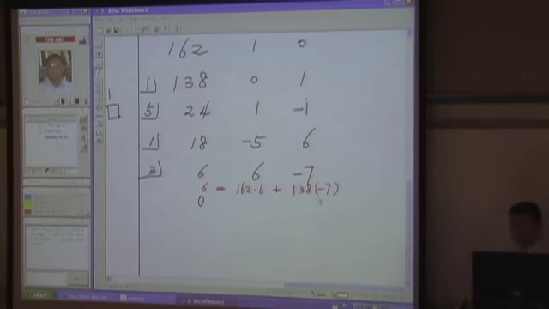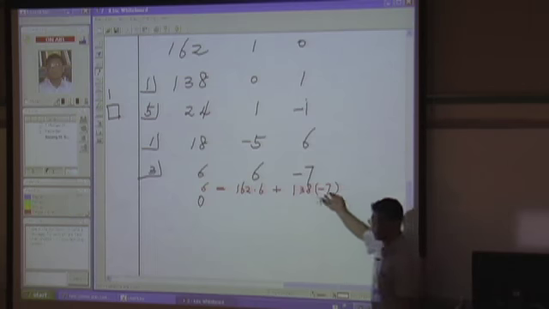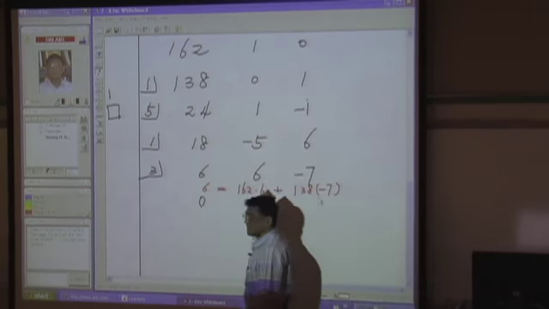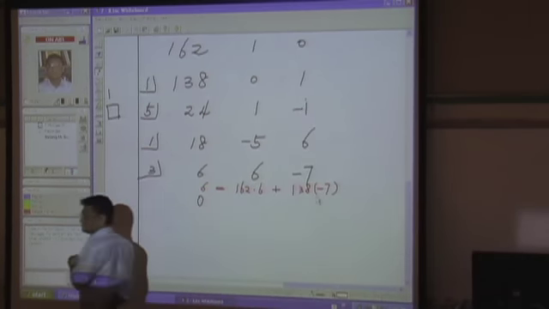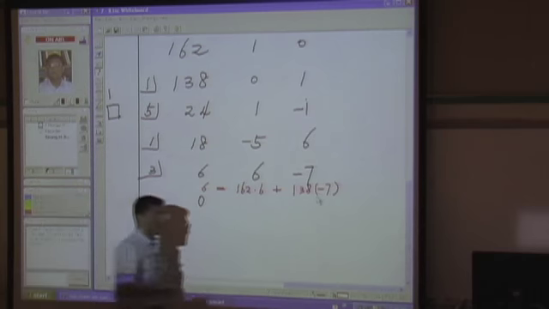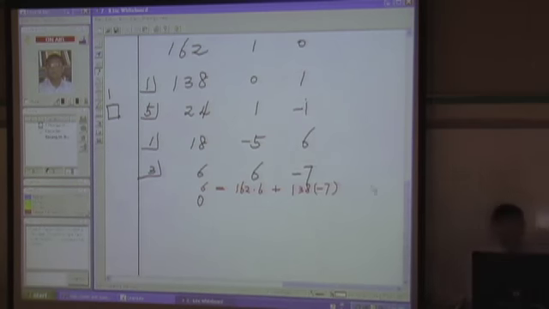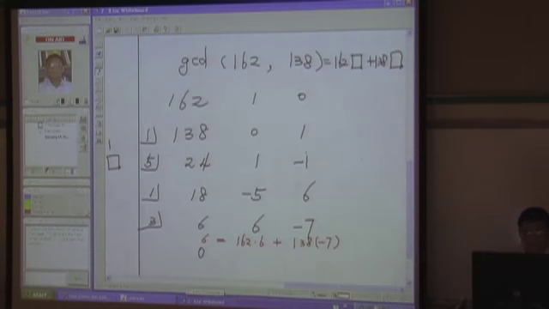This is the full expression of this line. So 6 goes into the first box, negative 7 goes into the second box.